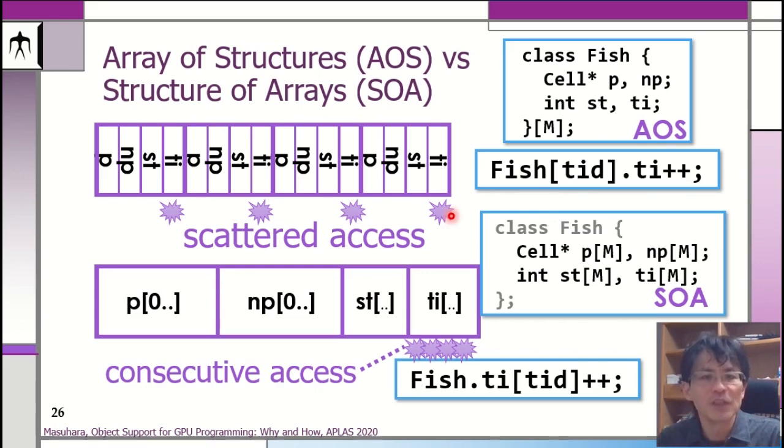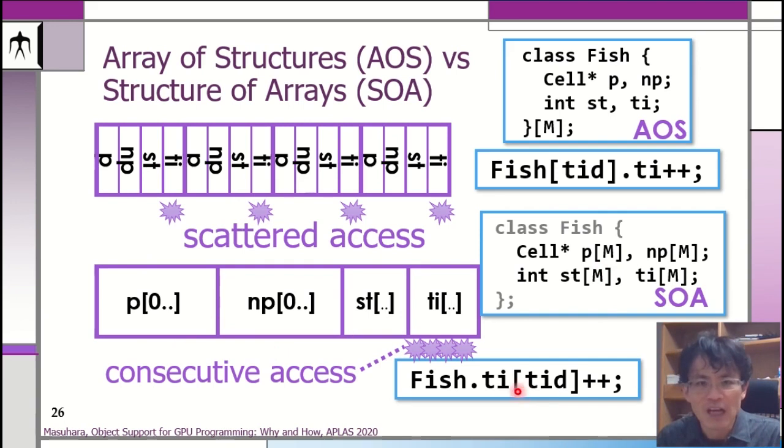So in order to get better performance, we'd better lay out the data in this way, which is called structure of arrays. That means each field is an array over all objects. If there are 4 fields P, NP, ST, and TI, then we allocate all P fields of all objects first, then all NP fields of all objects second, and so on.